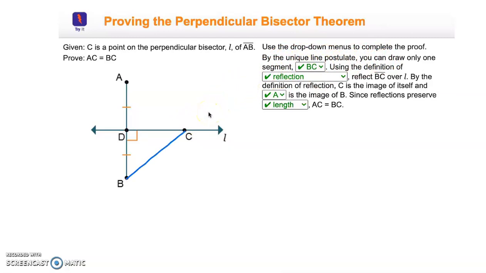So it's saying you can only draw one segment BC, and then you use reflection to reflect that across the line to AB. And so by reflection, you know that those are equal. So we're reflecting A over to B, and since reflections are equal, then the lengths are equal. If you like to learn proofs, that's a good way to understand what's going on.